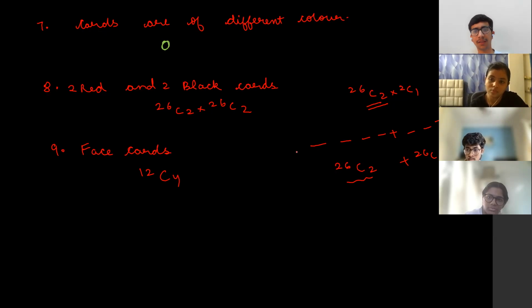No, I don't know. Ritu picked 2 cards, and for the rest 2 she didn't do anything. She only calculated the number of cases. What is 2C1 for? 2C1 is for the 2 different colors which we have, red and black. Oh, okay.